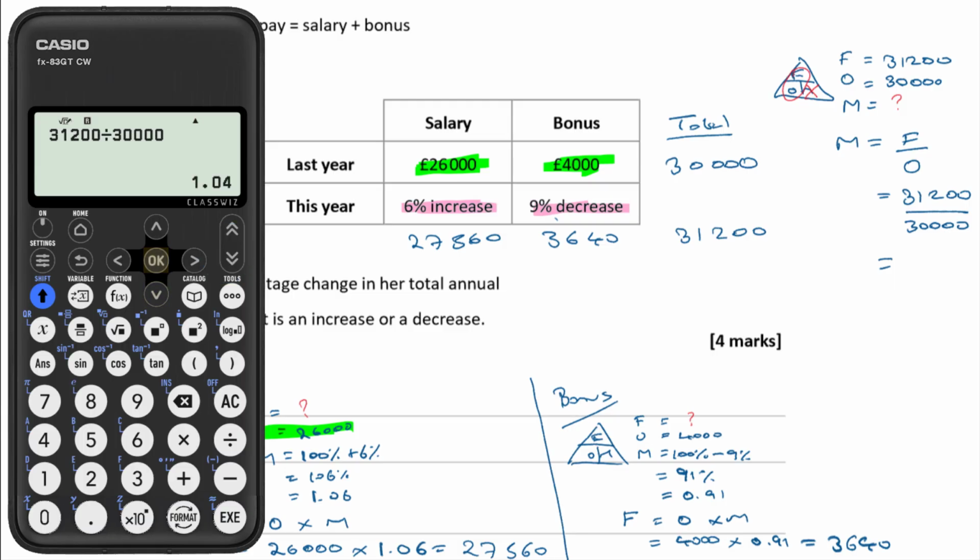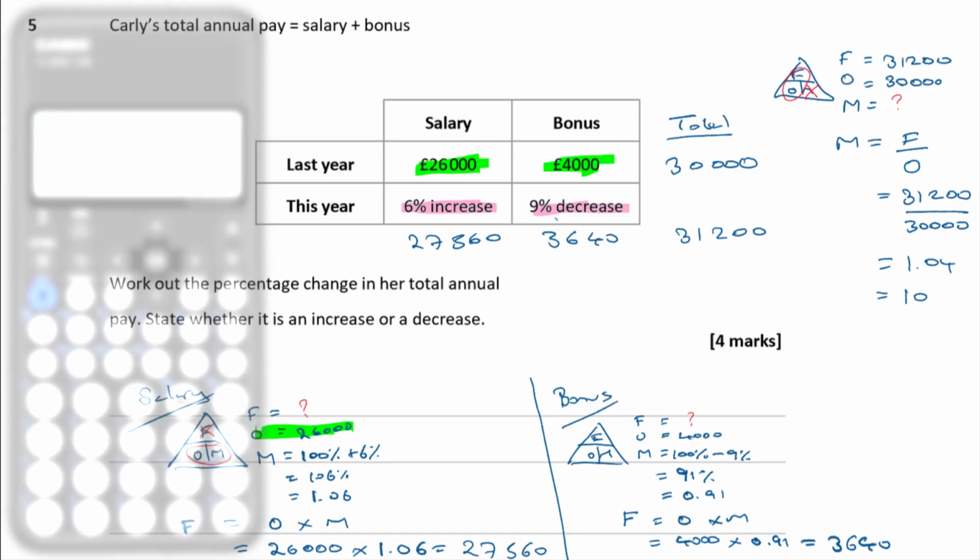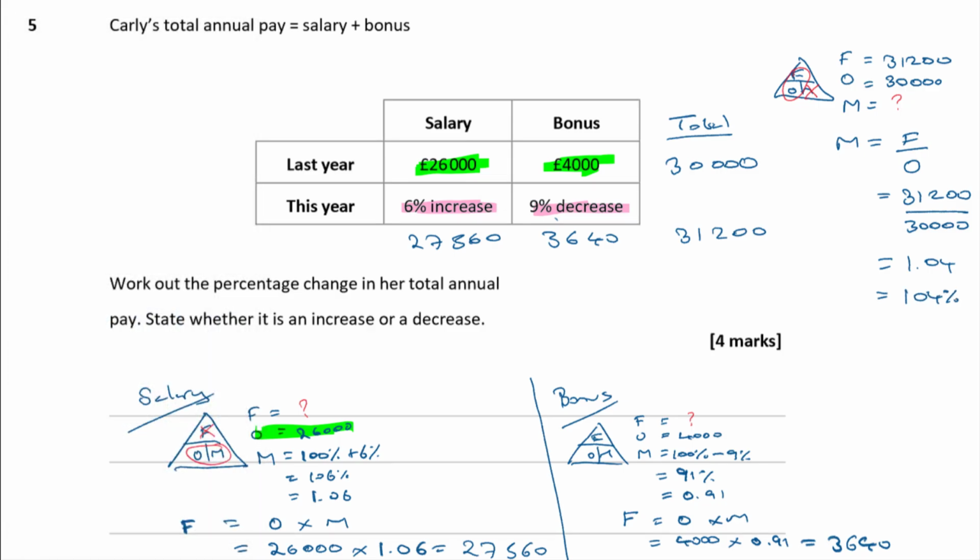Now that comes out to be 1.04 as a decimal. Now 1.04 as a percentage would be 104%. And that as an increase means, if you had 100% to start with and you now got 104%, it's an increase of 4%. Okay, and that is our final answer. It's an increase of 4%.